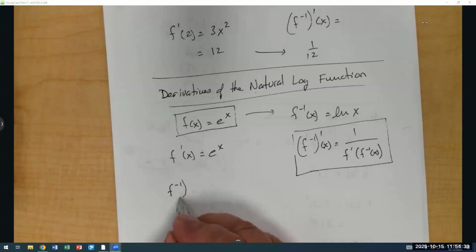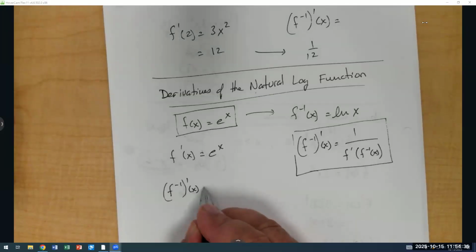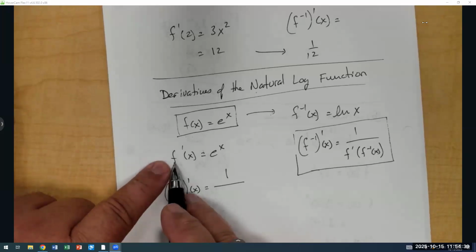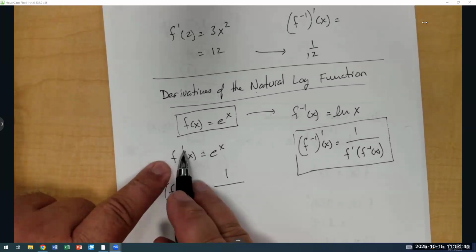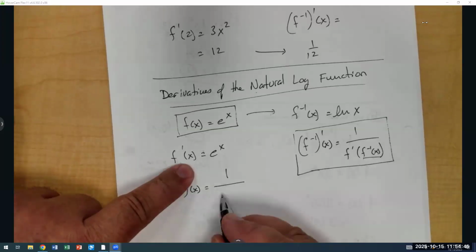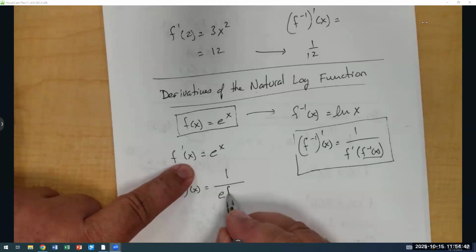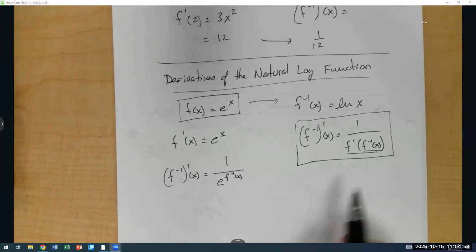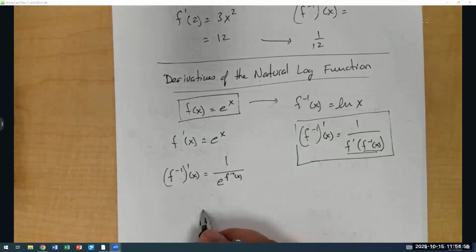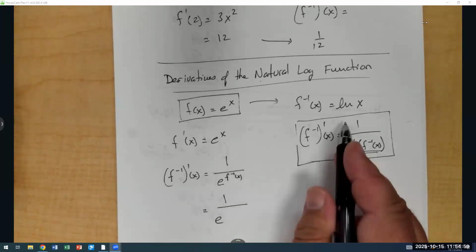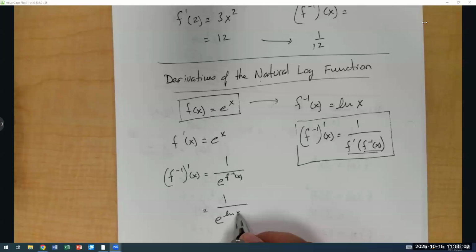So the derivative of the inverse function is equal to 1 over f prime of x, where our x value is the inverse function. That's what this says. And our inverse function is ln x.